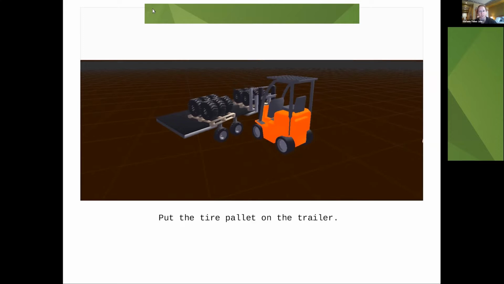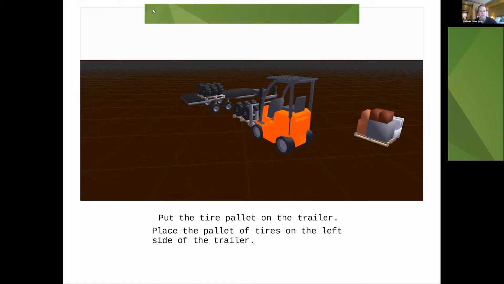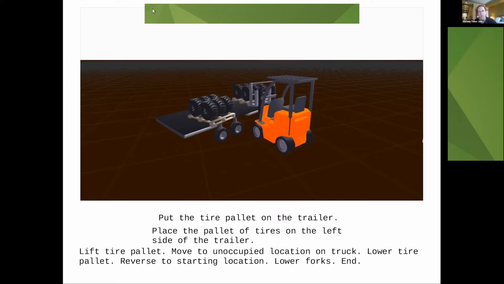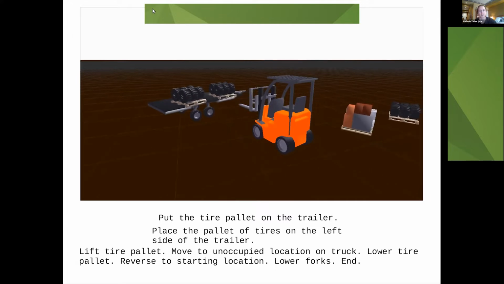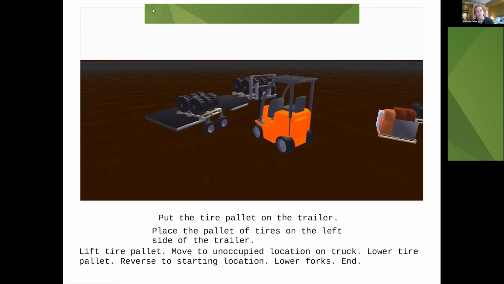So people say things like, put the tire pallet on the trailer, or place the pallet of tires on the left side of the trailer, or lift tire pallet, move to an occupied location on truck, lower tire pallet, reverse to starting location, lower forks. They kind of made up this programming language that they want the robot to understand.